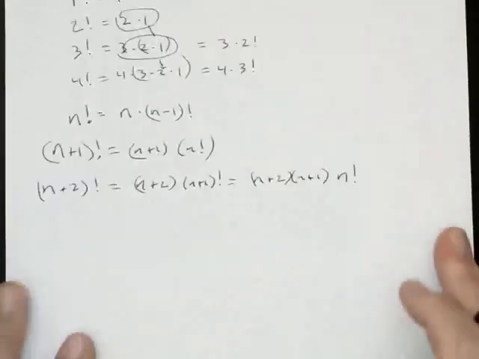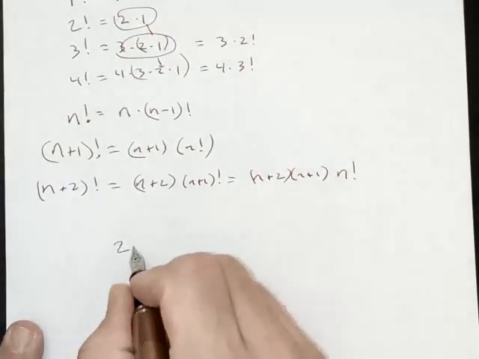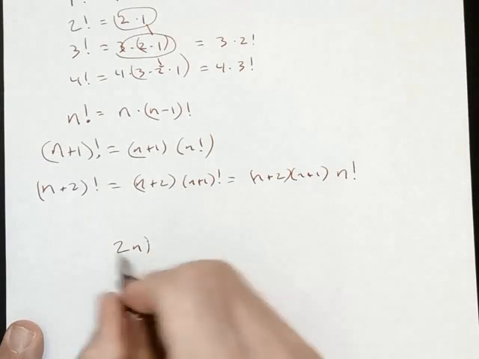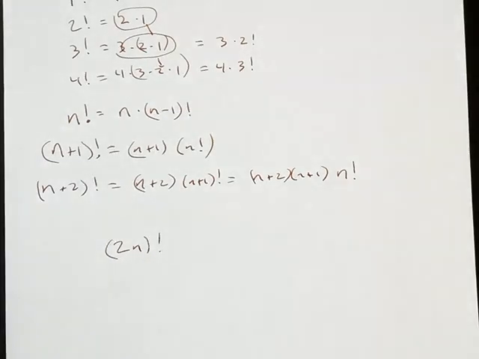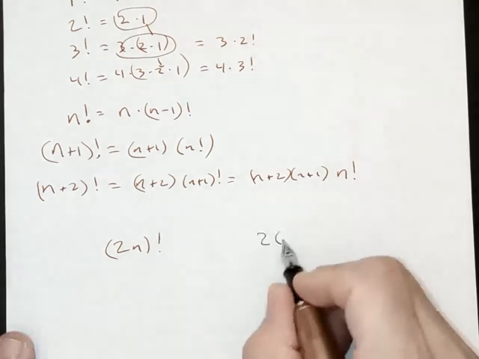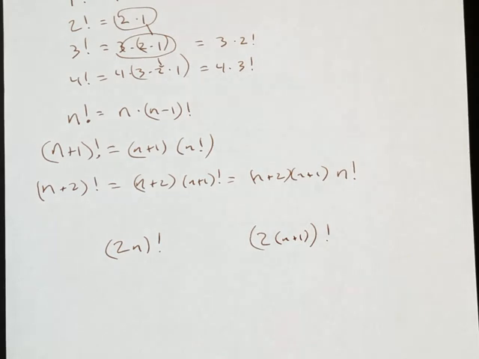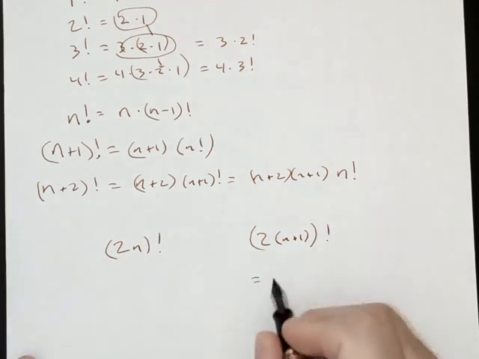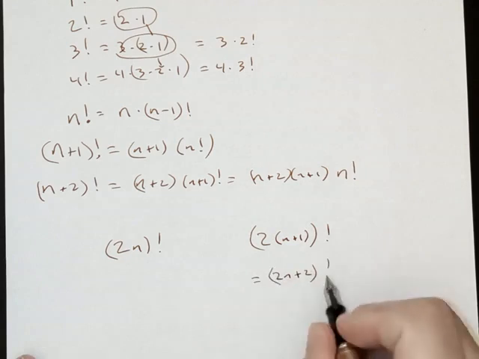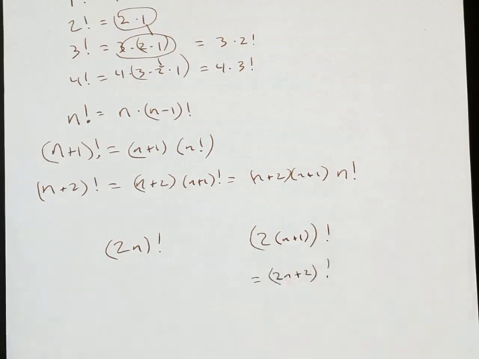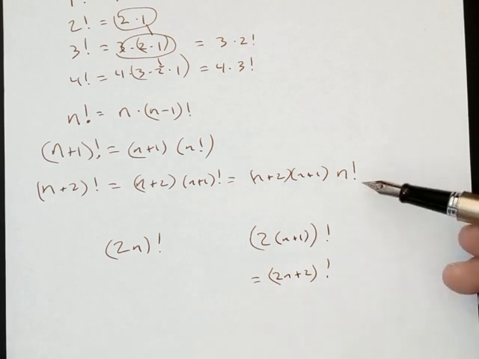So if I see something like that, which was in one of our problems at some point. The next one is going to be this, right? But that's the same as 2n plus 2 factorial. Let's peel off the first two terms.